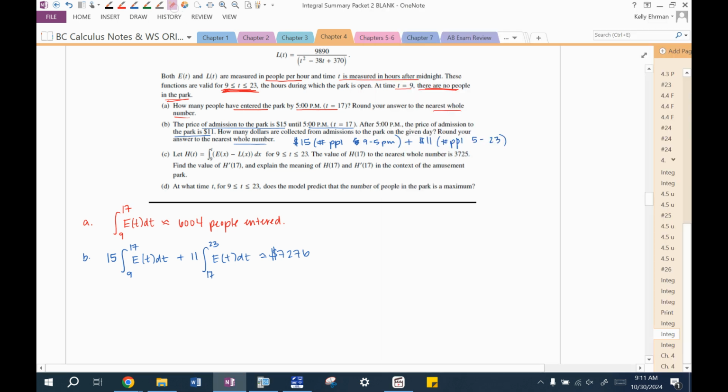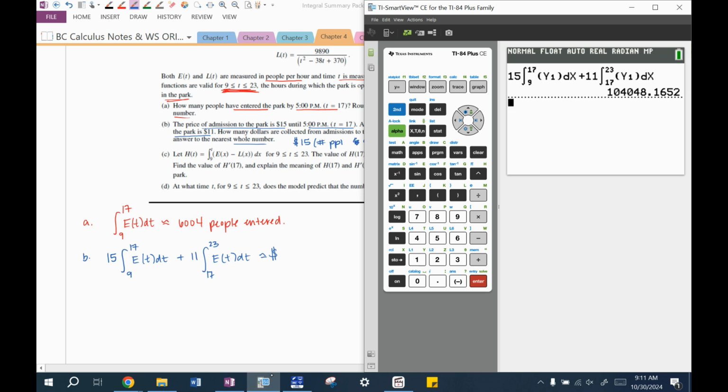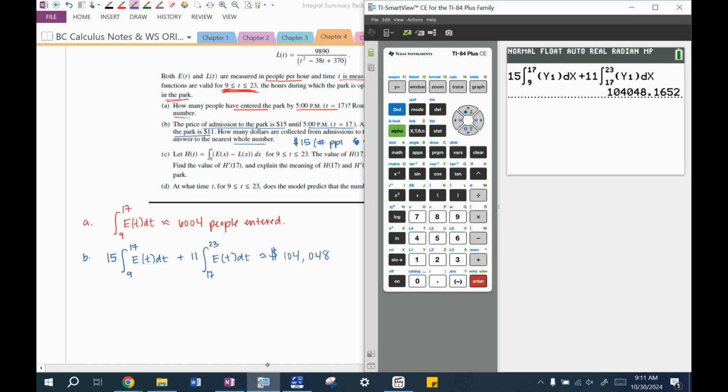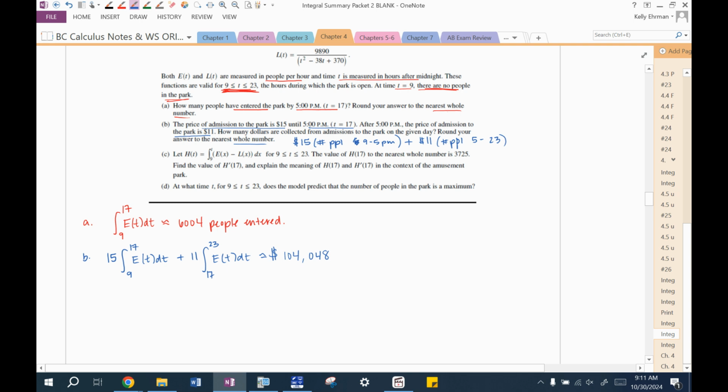I thought that seemed low for a park. So it's 104,048. And this says round to the nearest whole number. So yes, 104,048. Round your answer to the nearest whole number. Okay, so that's my dollar amount.